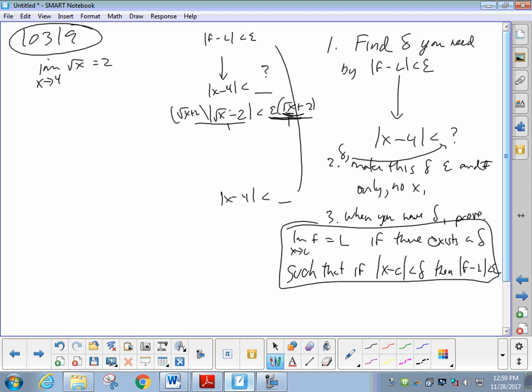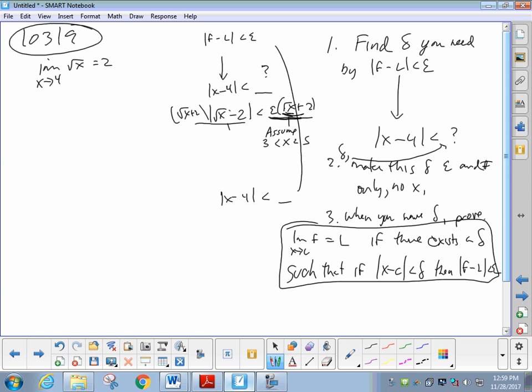What number could I put in for that? Let's assume that, because x is supposed to be approaching 4, x is close to 4. That's arbitrary, I suppose, but it's pretty common to say it's within one number on either side of 4. So let's assume that x is between 3 and 5.